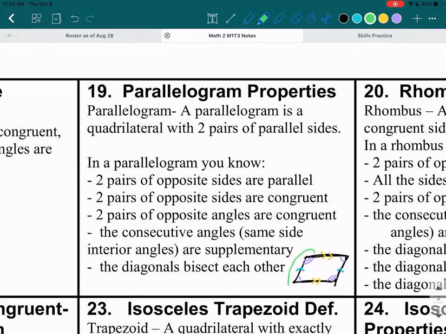Like these two are supplementary, or you could also say these two are supplementary, or you could pair them up like this or like that. Now that looks messy, so I'm going to get rid of all these circles, but the point is the two angles that are right next to each other are going to be supplementary, which means they add up to 180. Okay?